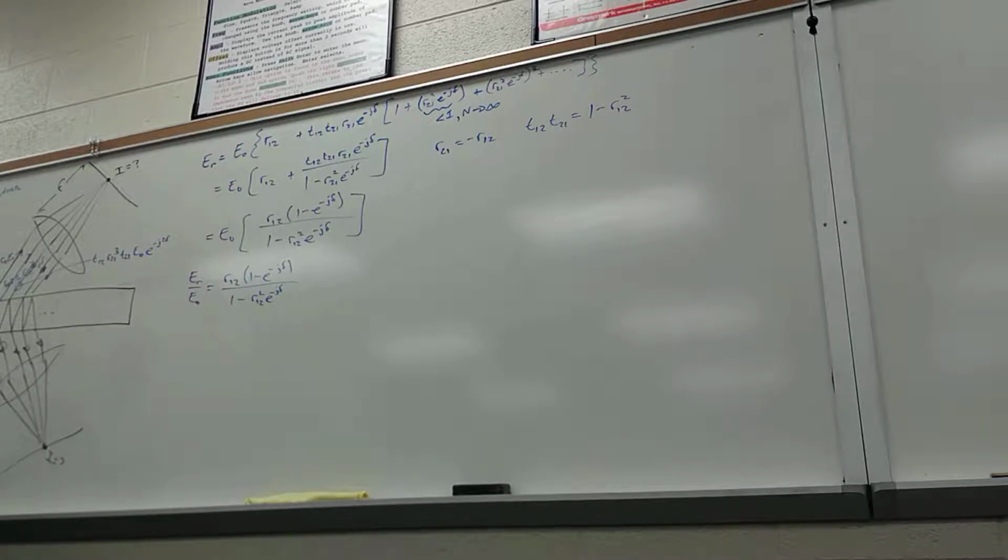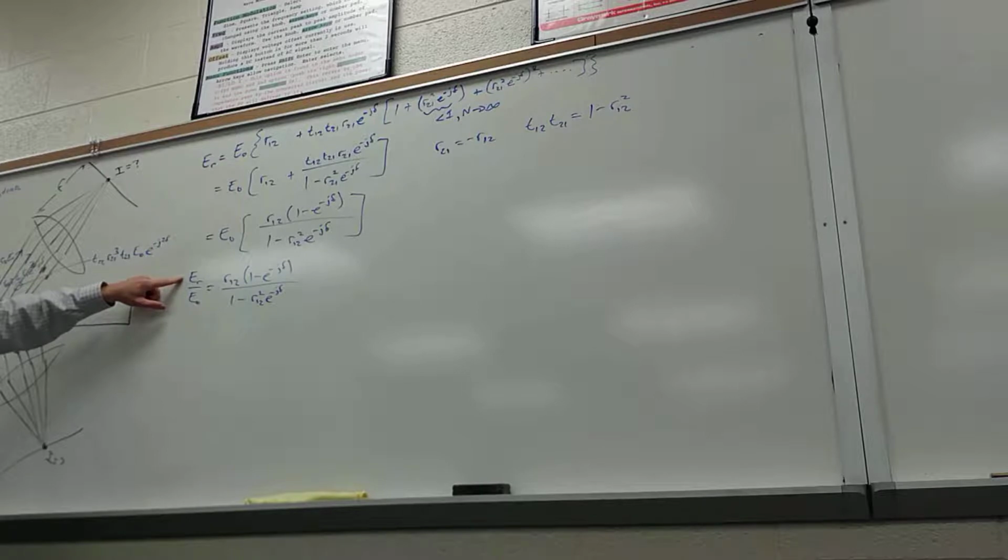And ER over E naught, what's that? This is still fields. Isn't it the total reflected field divided by the incident field?